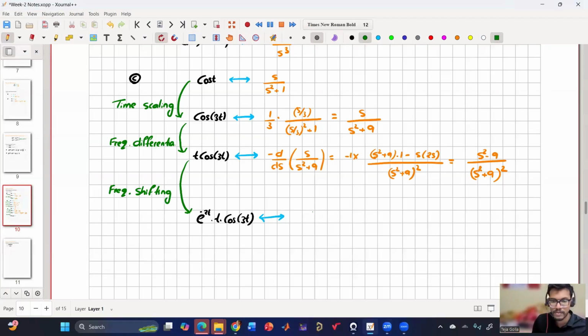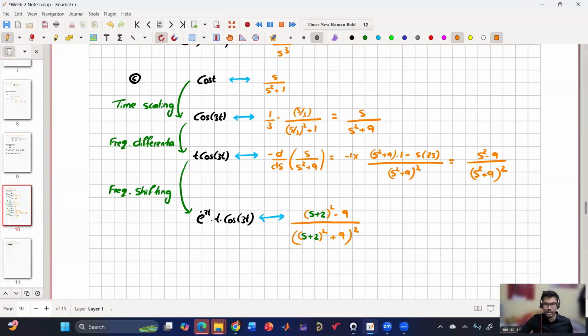So what will be the final transfer function? S should be replaced by s plus 2 or s minus 2? S plus 2. Yes, very good. So I'll use a different color for s plus 2. S plus 2 whole square minus 9 by s plus 2 whole square plus 9 whole square.